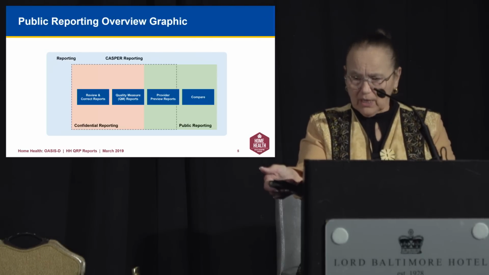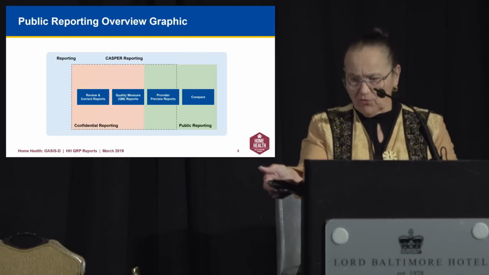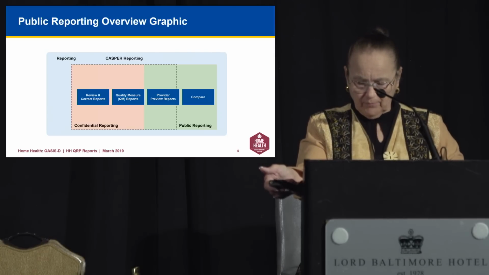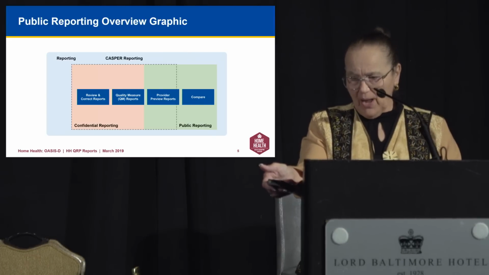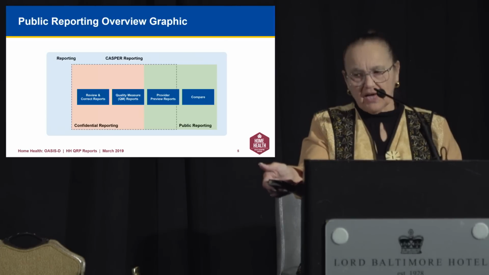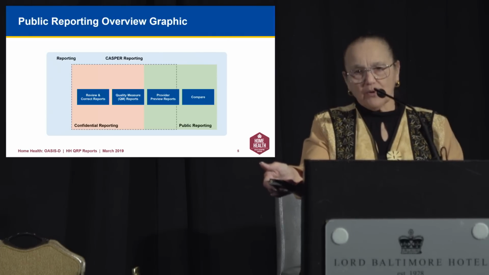So let's take a look at this graphic here of an overview of the public reporting. When we look at this, you can see that you have reports that are confidential and reports that are available to the public.